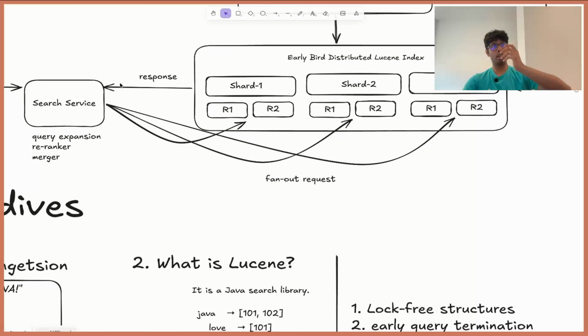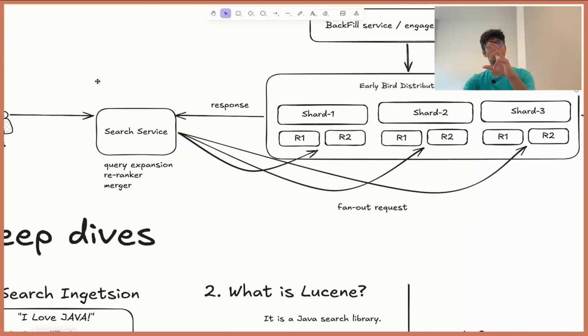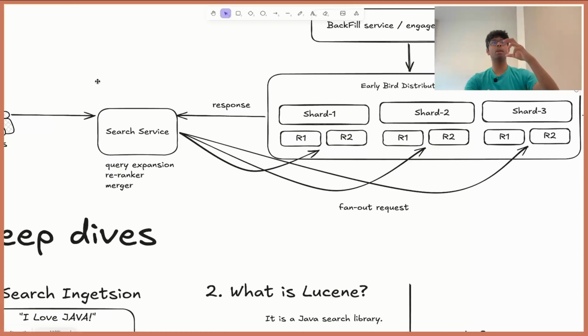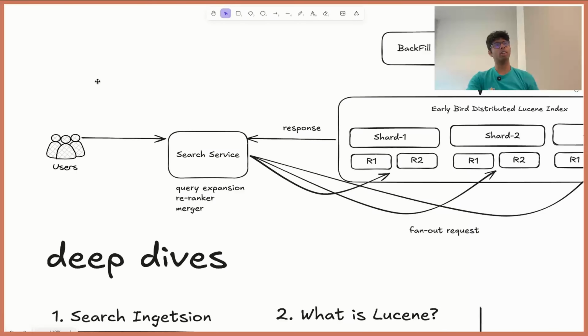We should give a response back to the user, but which 20 posts should we send? What are the top 20 posts? In that case we do a re-ranking. That's why I mentioned a re-ranker. There is a re-ranker in the search service that will re-rank the 100 posts and then send them to the user. That is how the user gets very good 20 posts.